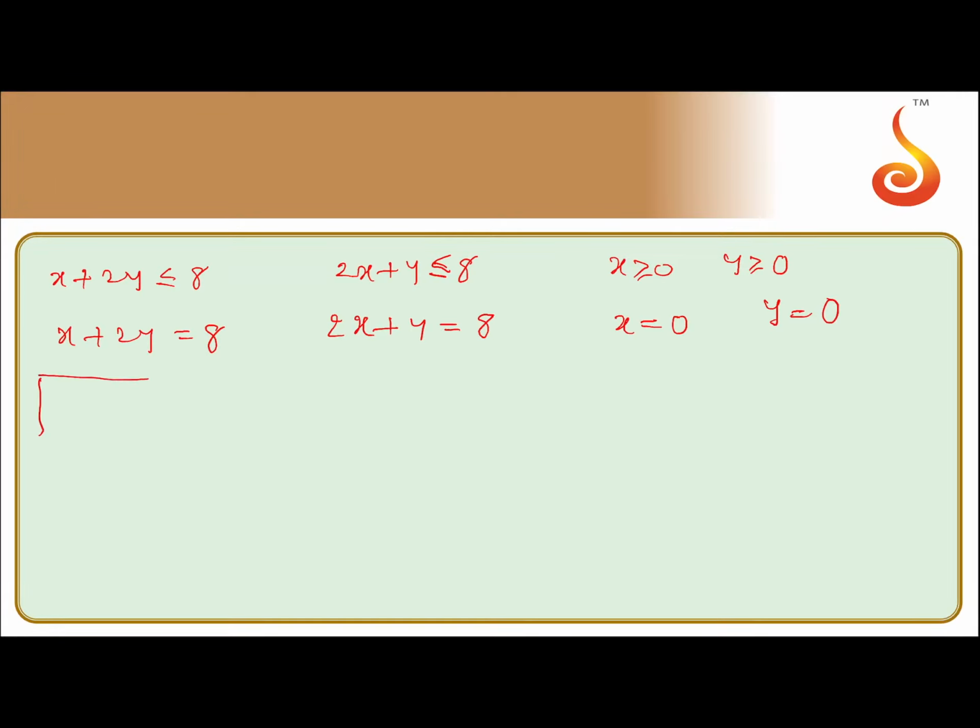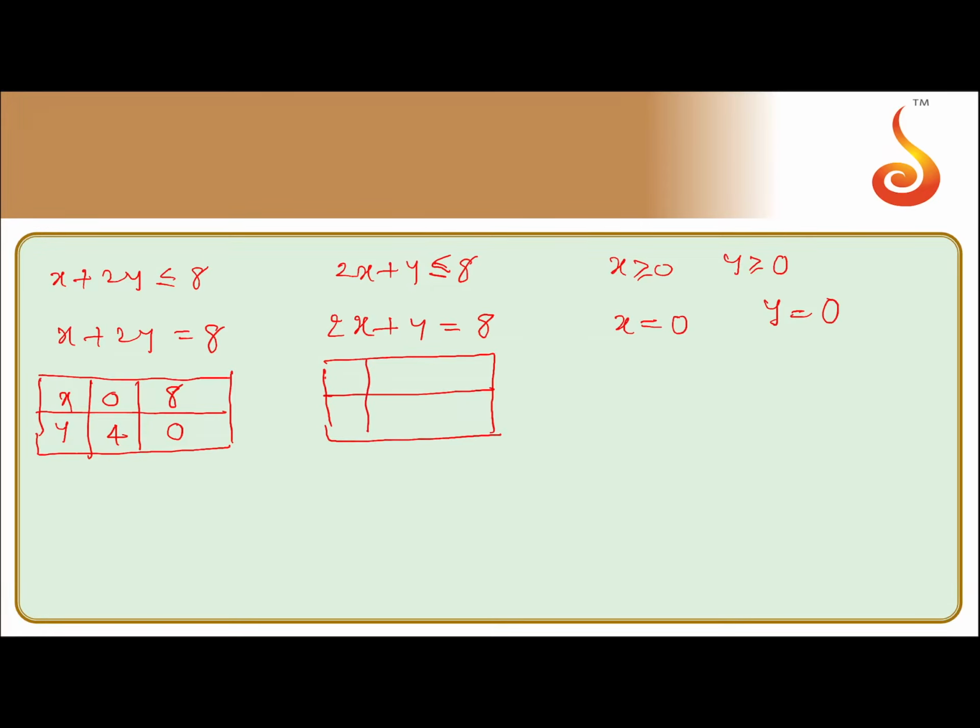Consider the points of intersection of this line with the coordinate axes by taking x equals 0, y equals 4 and y equals 0, x equals 8. Same way here also, taking points of intersection of the line with the y-axis and x-axis, x equals 0, y equals 8, y equals 0, x equals 4.